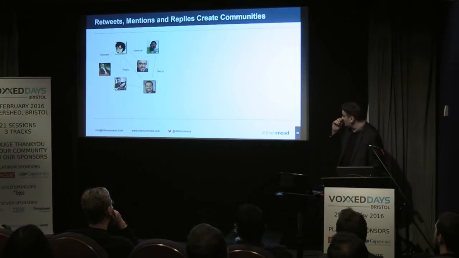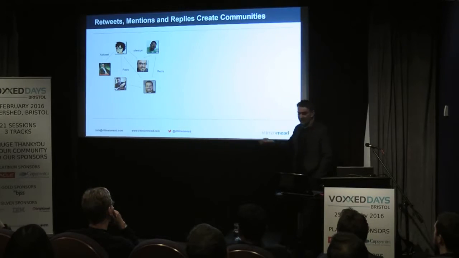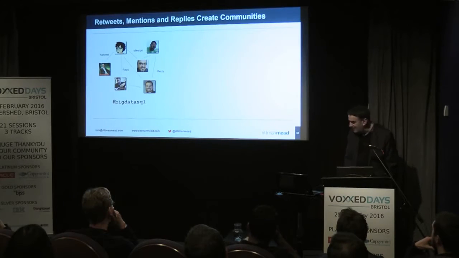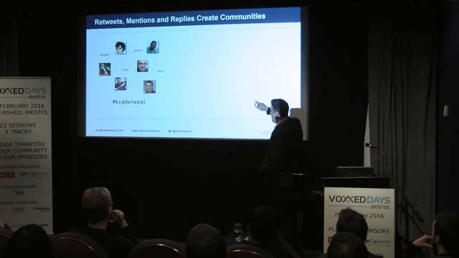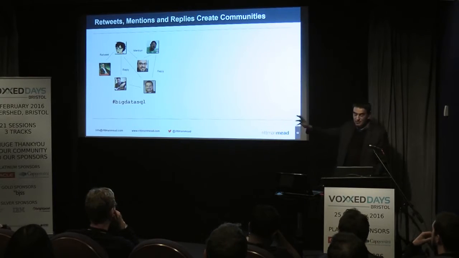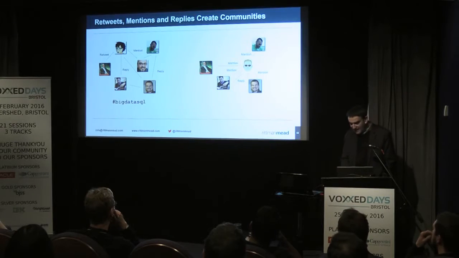Now, what we have here also is different communities. So this one here, we might have a community about people that are tweeting about topics. So Big Data SQL is an Oracle product that's out there as well. It could be a whole conversation going around that. Another one here might be about a comedy thing, whatever.